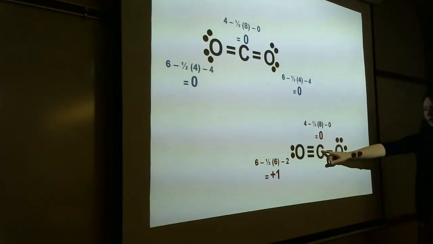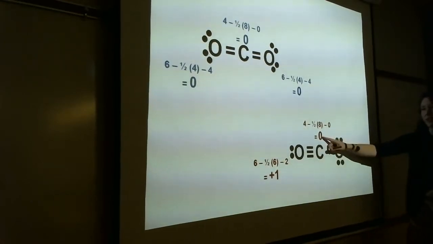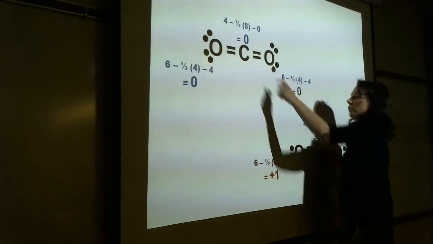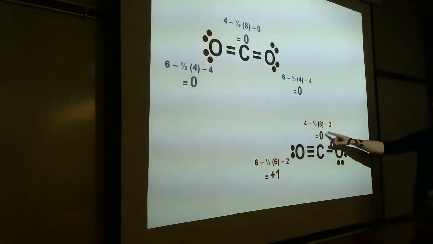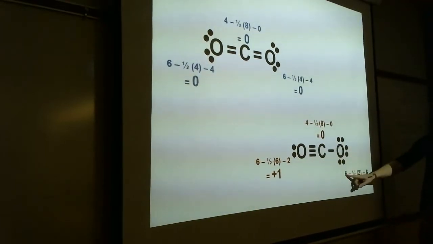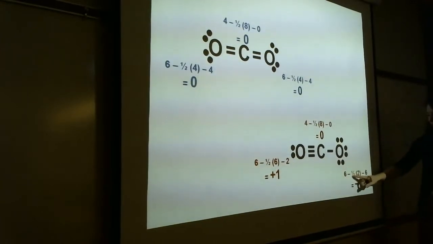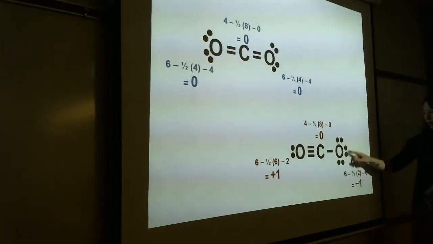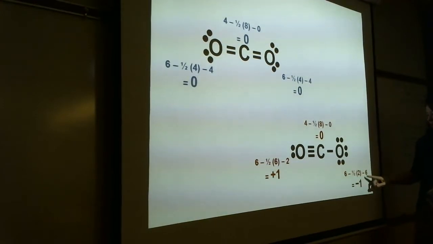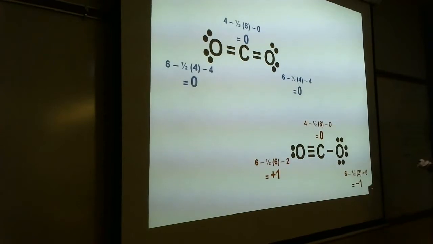Carbon's got 4 valence electrons, so its formal charge is the same as it is here, 4 minus 4 minus 0, so it's still 0. And then the last one, 6 valence electrons minus 1, since there are 2 in that bond, minus 6 non-bonding electrons, gives me minus 1. So we've got positive 1, 0, negative 1 versus 0, 0, 0.